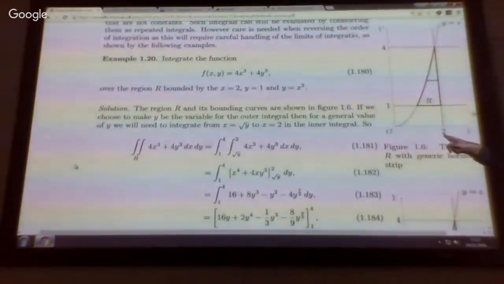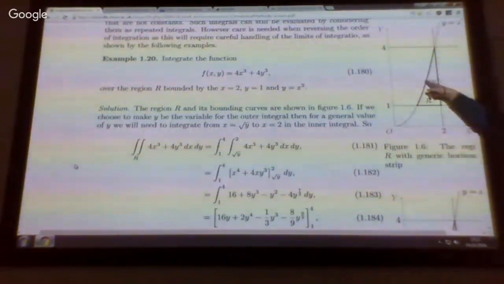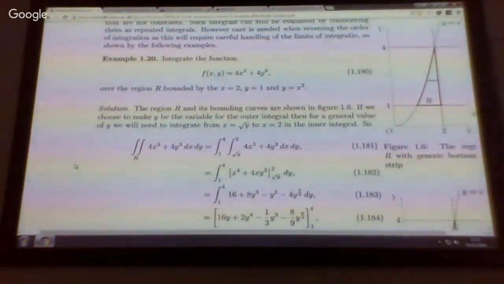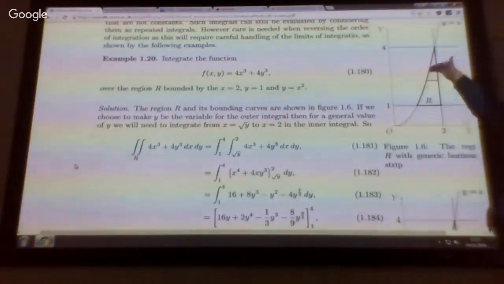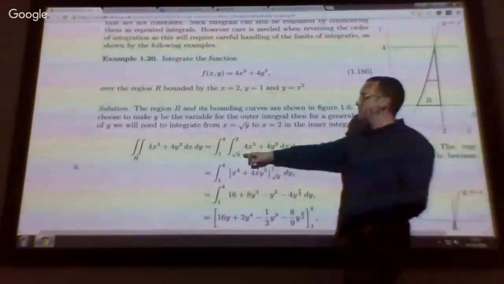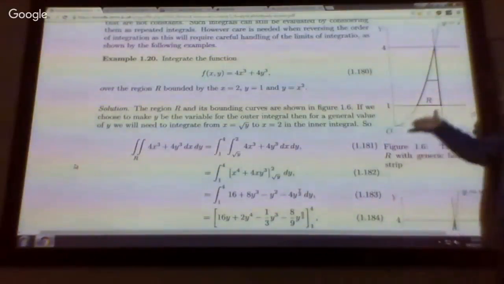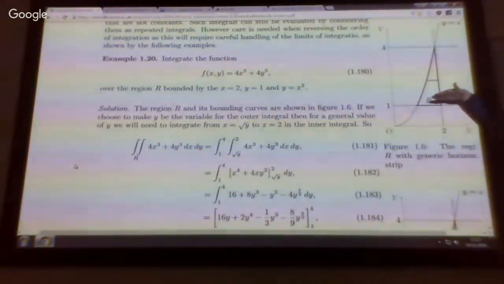So you're going up as far as the limit x equals 2. And that description of the limits of integration for the x variable is valid. That description from square root of y up to the value 2 is valid for all the values of y in the relevant range, i.e. between 1 and 4.